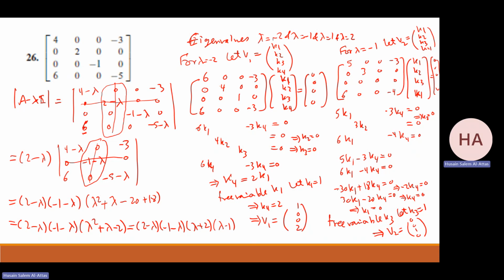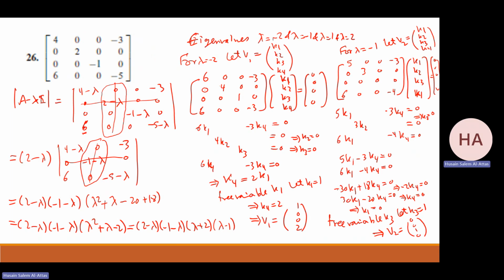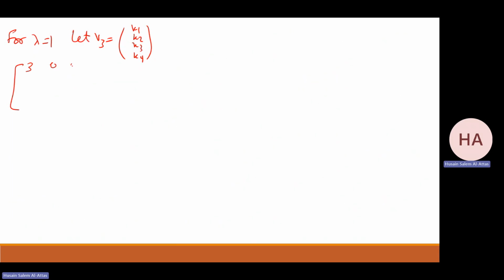Lambda equals what? 1. Now for lambda equal 1, I let v3 now to be k1, k2, k3, k4. That give me what? What will be the system? 4 minus 1, that will be 3. 0, 0 minus 3. 0, 0 minus 3.